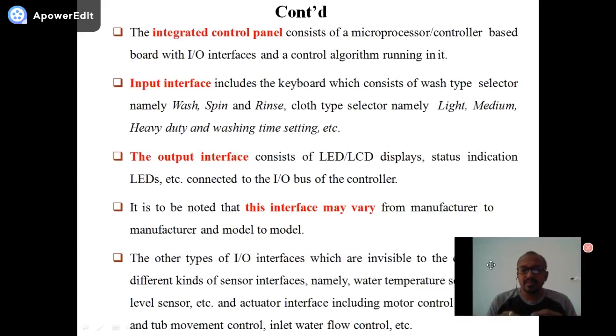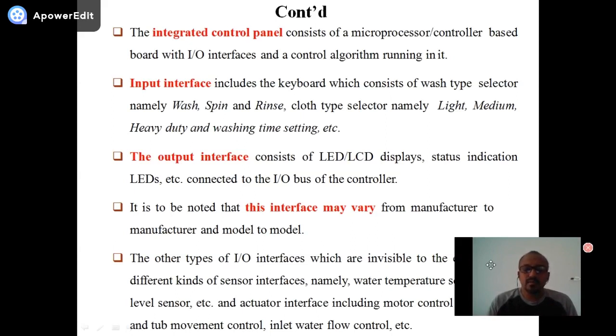For the input interface, the user is provided a keyboard, and whatever selection or input he gives is displayed on the screen. The wash type selected, namely wash, spin, rinse, and the cloth selected, light, medium, heavy, and the time selector provides timings like 15 minutes, half an hour, 1 hour or 2 hours.